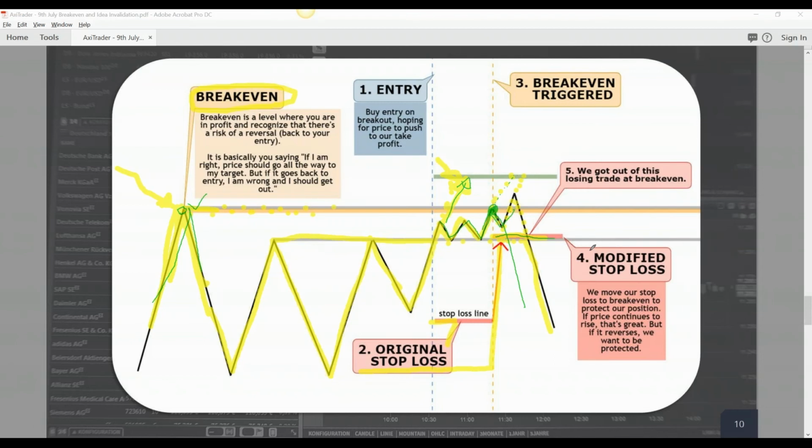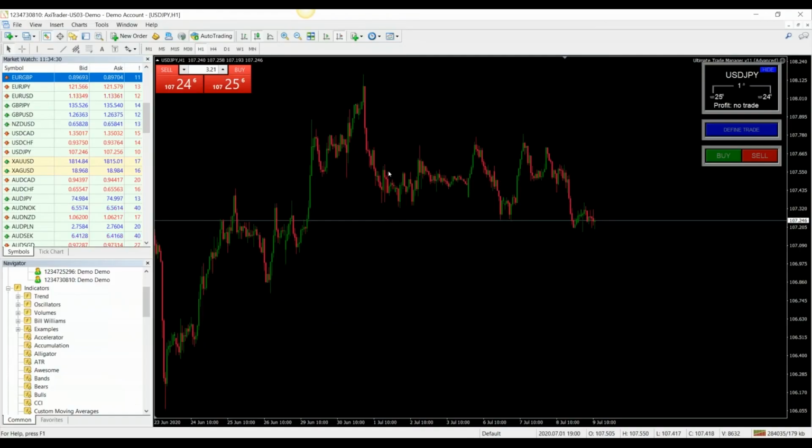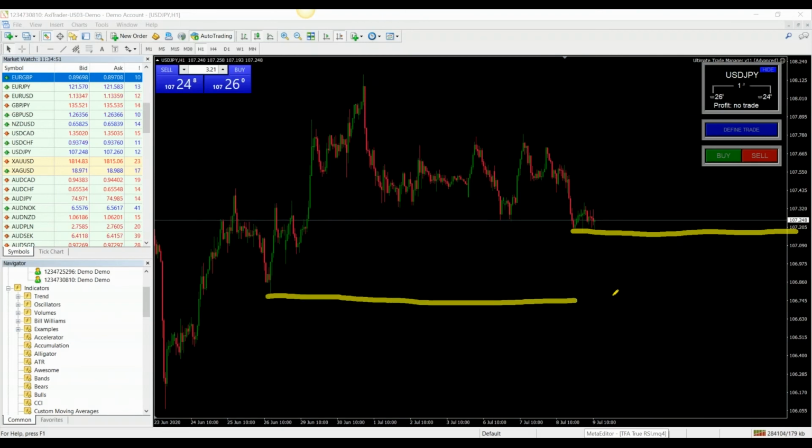If I have to put a rule to it, if you have a trading strategy, now let's just go into the charts. Let's just say I am buying. Let me take up my highlighter. If this is my entry, I'm buying over here, my stop loss is over here.